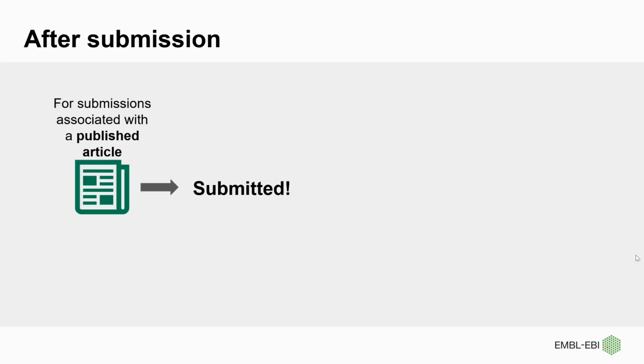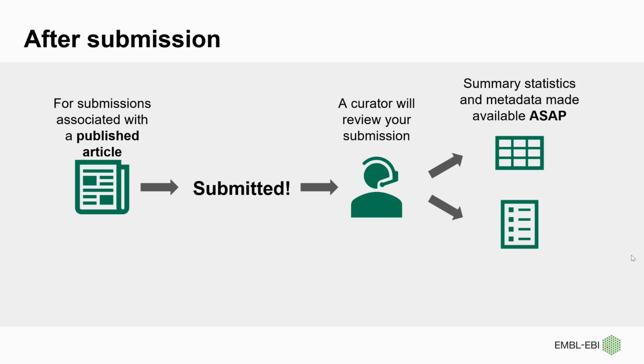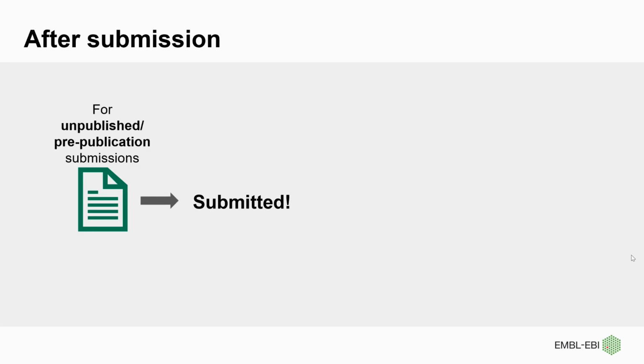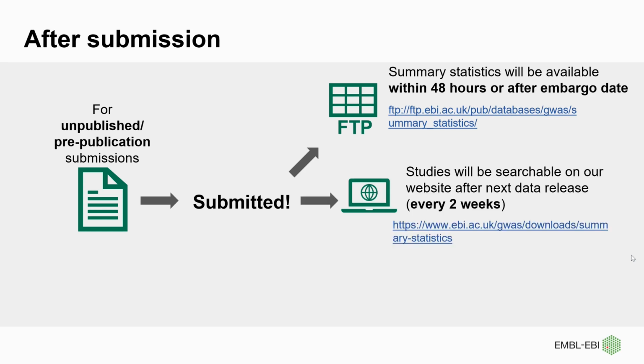What happens after submission? So for submissions associated with a published article, a curator will review your submission and the summary statistics, and reporting and supporting metadata will be made available as soon as possible. For unpublished or pre-publication submissions, the summary statistics will be available within 24 hours or after the embargo date on our FTP file system.